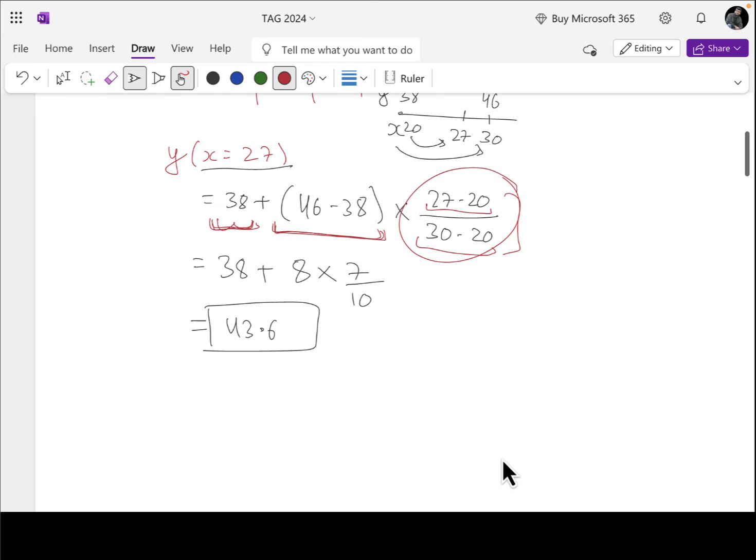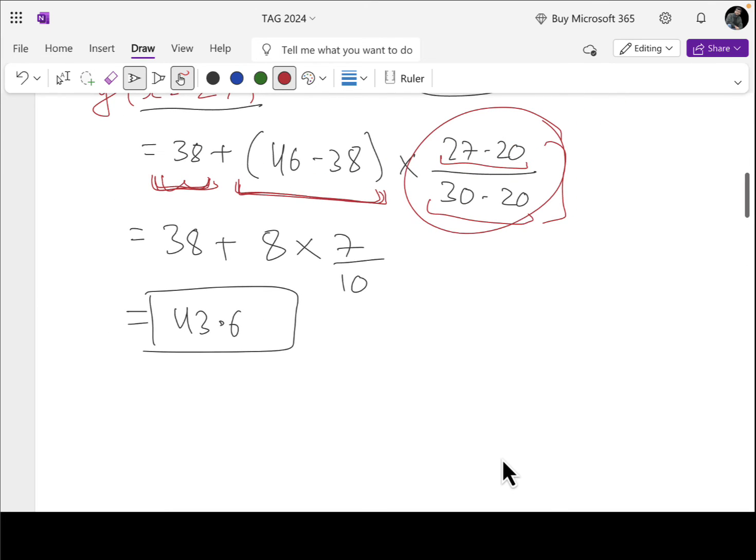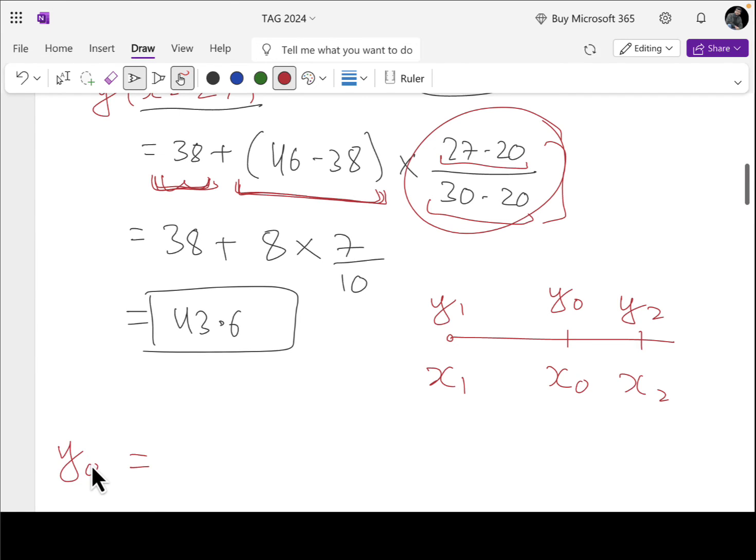If I am to generalize this formula, I can just write this as, if I have to go from y1, the starting value is y1, the ending value is y2, y1 is corresponding to x1, y2 is corresponding to x2, and let's say I want to find some y0 corresponding to x0, then what will it be? It will be equal to, y0 is equal to, I will start at y1, I will say what is the distance I have to cover, that is y2 minus y1, right?